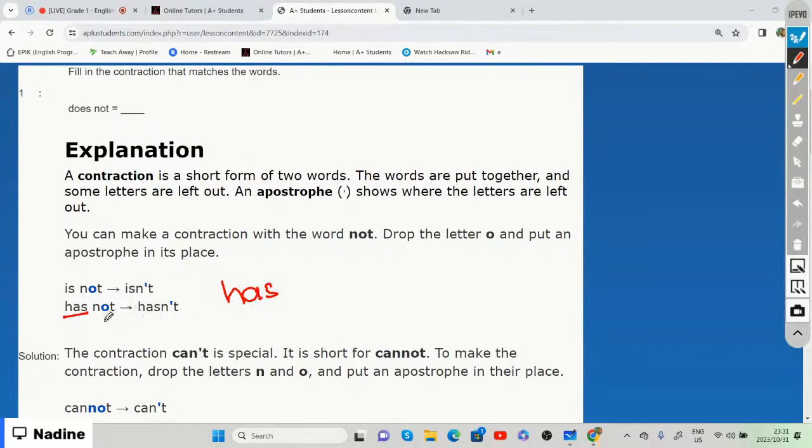And then with the second word, we add the N, we remove the O, put the apostrophe, and then we have the T. So now has not becomes the word hasn't. So hasn't and isn't are our contractions, and we made those contractions with the word not.